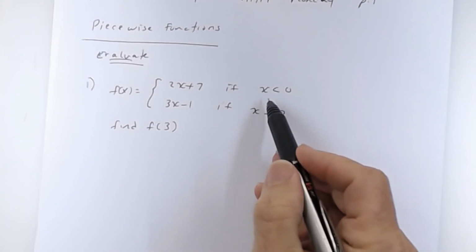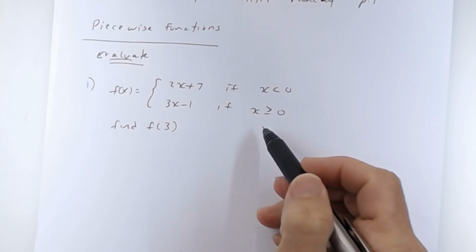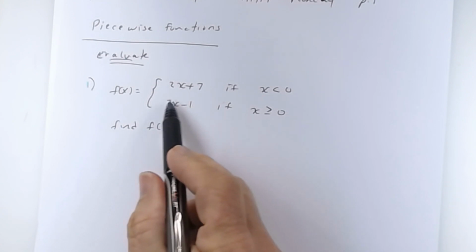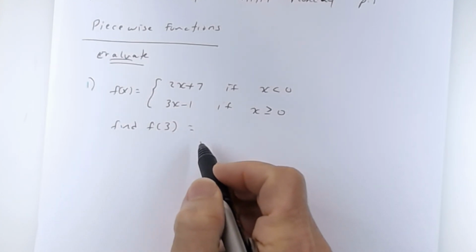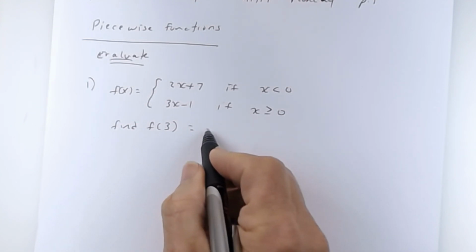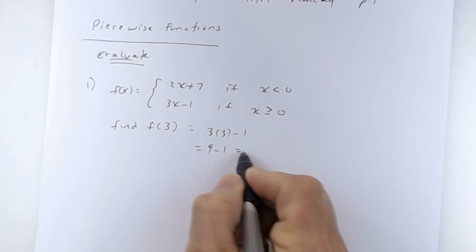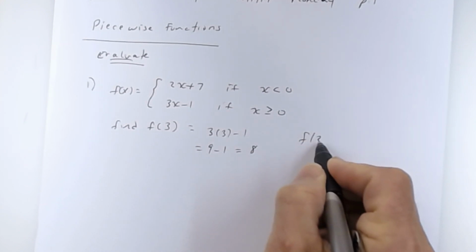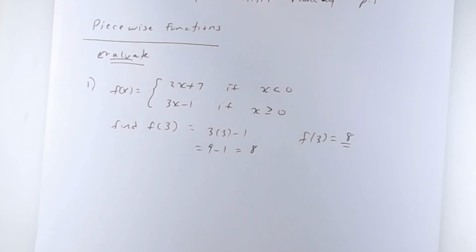Is 3 less than 0? No. 3 is greater than or equal to 0. So to find f of 3, I'm going to use the bottom part of my function. Wherever we see the variable x, we substitute 3. So 3 times 3 minus 1, which is 9 minus 1, which is 8. So f of 3 equals 8. If I were to graph this, that means when x is 3, my y value is 8.